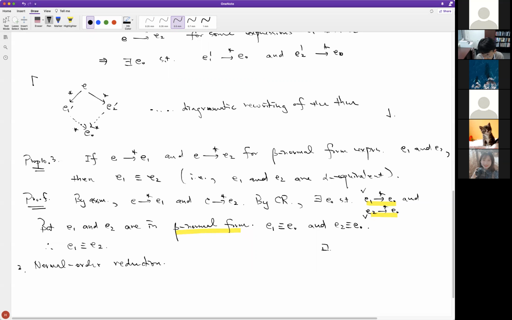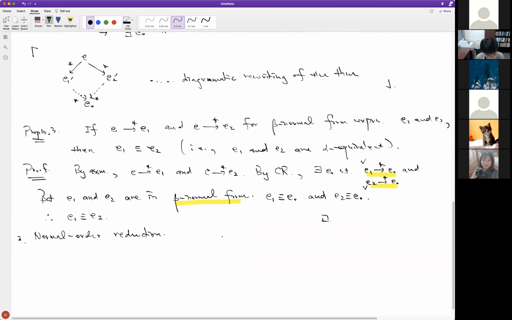I think the best way to understand it is that it's a particular deterministic, or you can say algorithmic, way of applying the contraction relation.